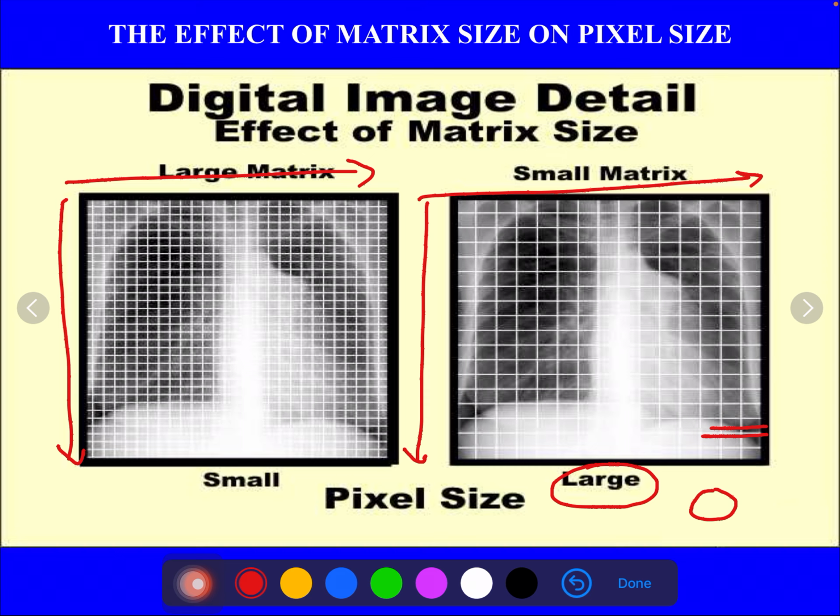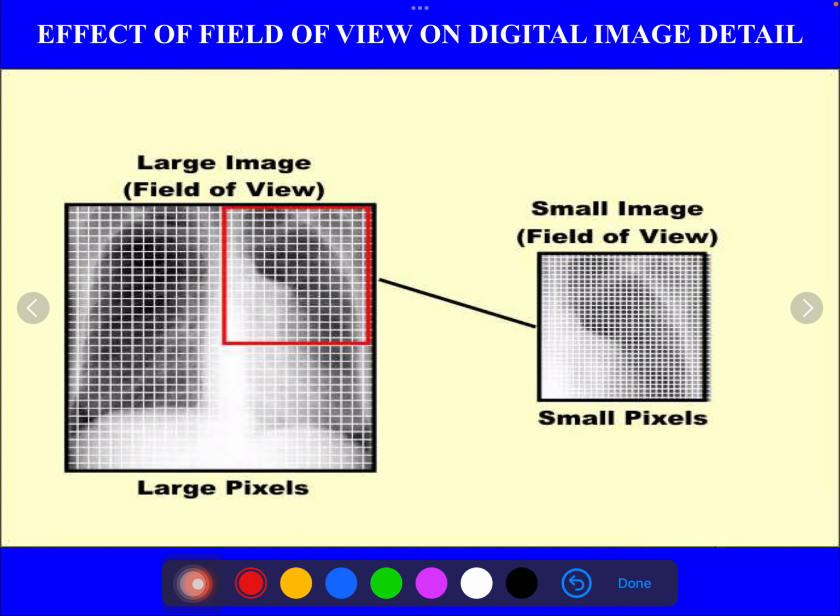What will be the effect of field of view on digital image detail? A wider field of view spreads the pixels over a larger area, potentially reducing the detail.